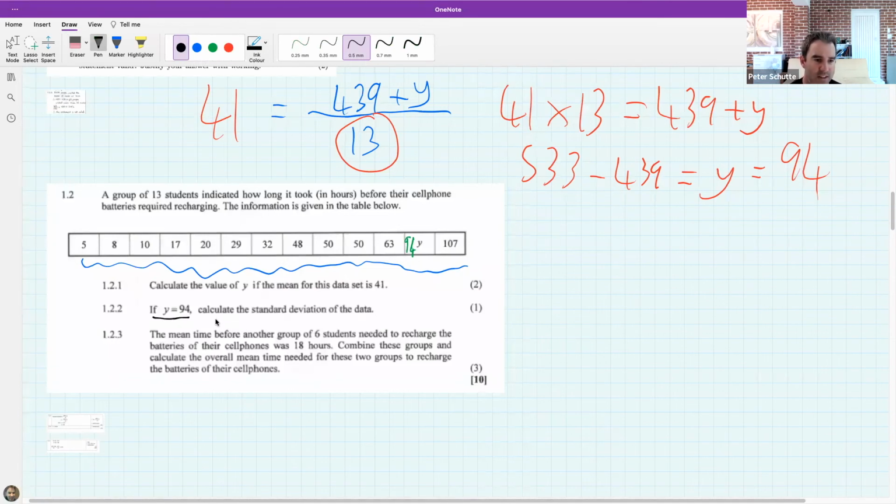Calculate now for me the standard deviation of this data set. Now, this is where we have to go into our calculator mode, and we need to put the data items, including 94 in, and we have to practice our calculator skills. So what is the standard deviation of this data set?